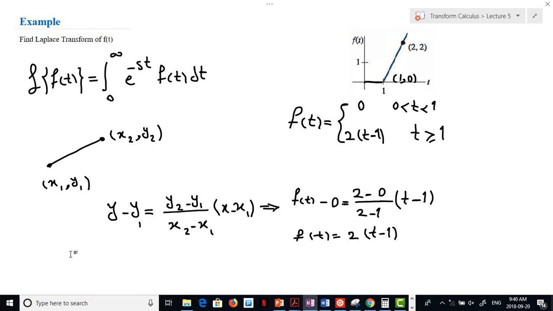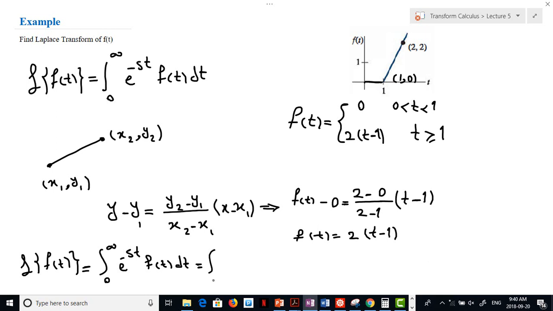So now let's take the integral. So Laplace transform of f(t) is equal to, based on the definition that we had, the integral from 0 to infinity e to the power of minus st f(t) dt. The equation of f(t) in these two subintervals, they are different. As a result, I split the integral in two subintervals.